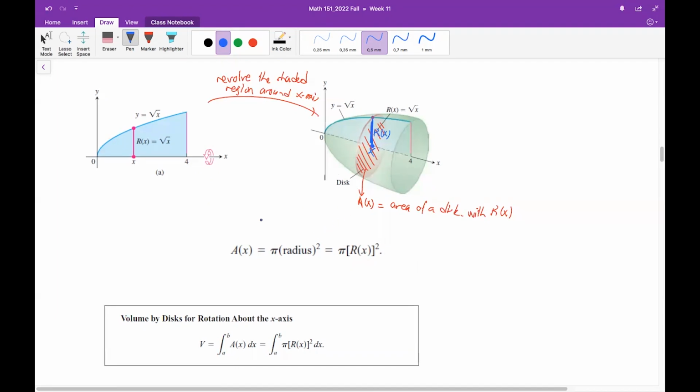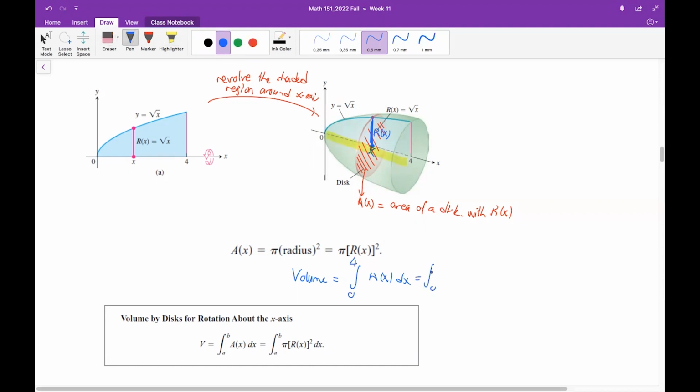And if you want to find the volume of this solid, you need to integrate the area of cross sections over the x-axis from where to where? Obviously from 0 to 4. This is the interval of integration from 0 to 4.